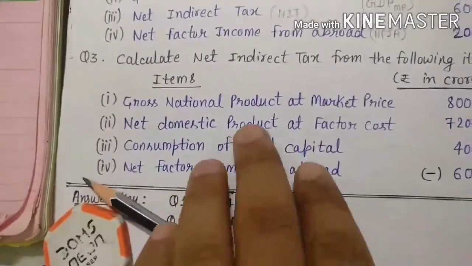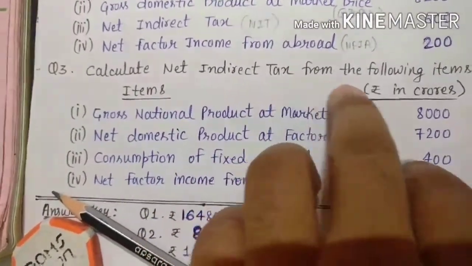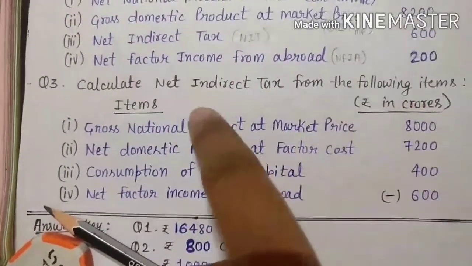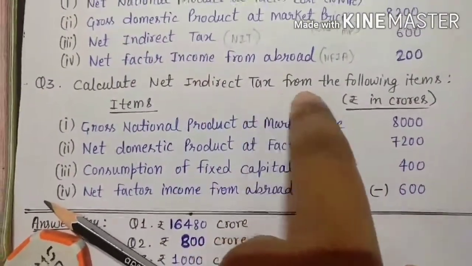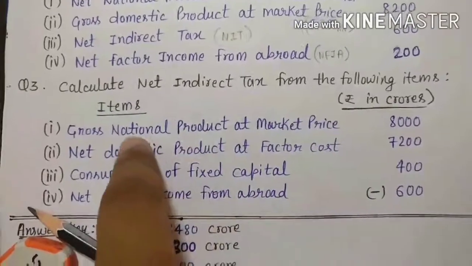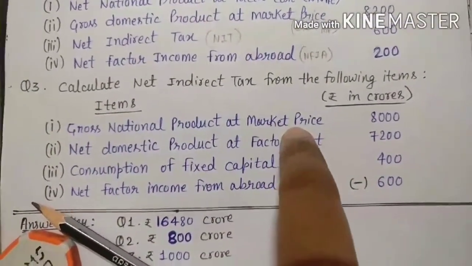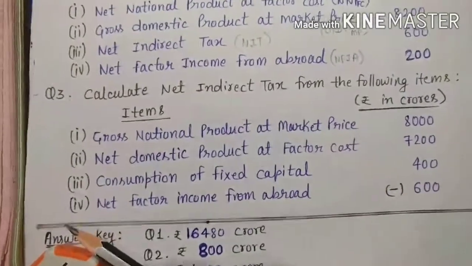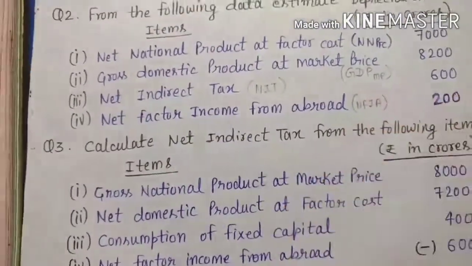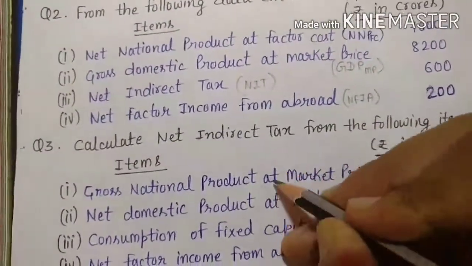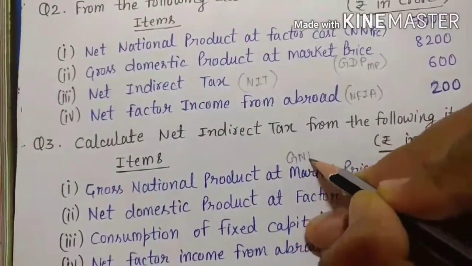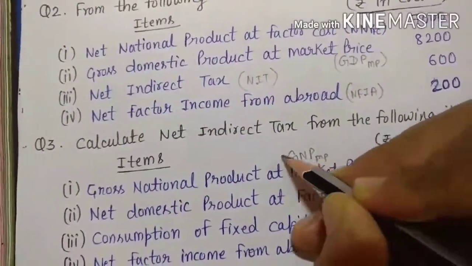Calculate net indirect tax from the following items. What we have to find out? Net indirect tax from the following items. So what is given to us? GNP at market price. I hope you are able to find out what is given to us in short form. GNP at MP, gross national product, was given.